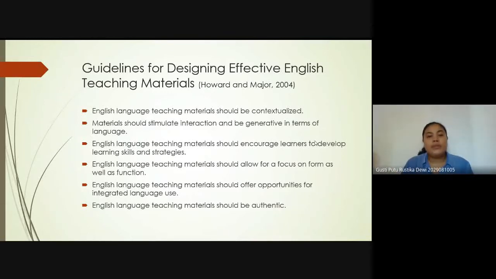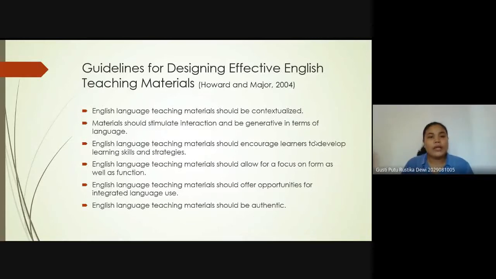The third guideline is that the teaching material should encourage learners to develop learning skills and strategies. It means that the teaching material should teach the learners to take advantage of the language learning opportunities in order to enable them to explore their learning styles and strategies.